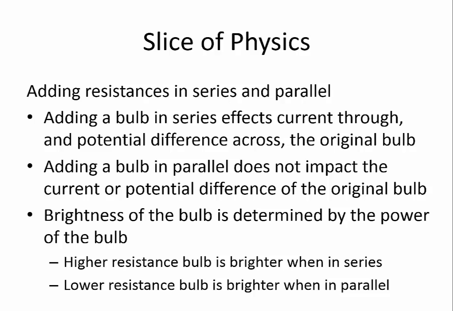And in a series circuit, because the current through both the bulbs is the same, the higher resistance bulb is the brighter. But in parallel, because the potential difference across the bulbs is the same, the lower resistance bulb will glow brighter. So in order to figure out the brightness, the best way to do it is to always determine the power, and whichever is the higher number is the one that glows brighter.